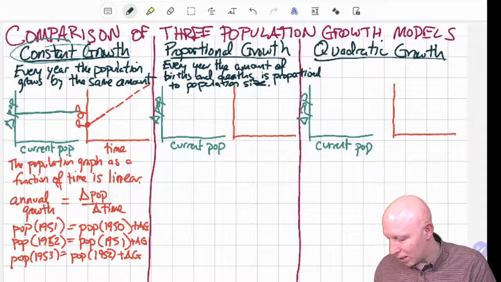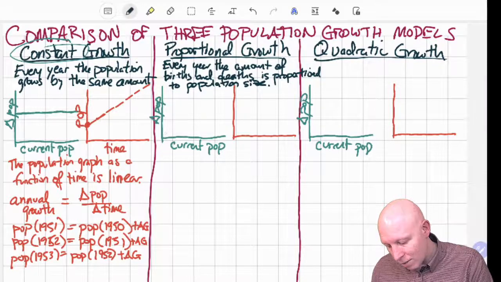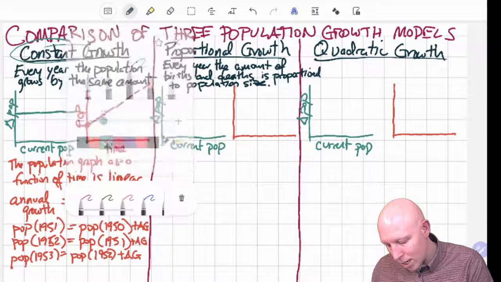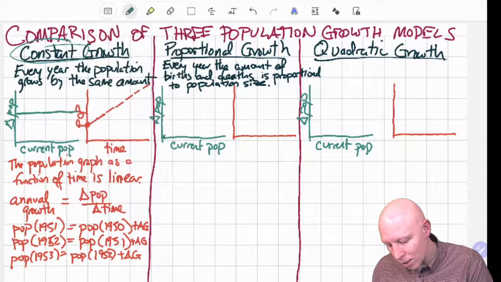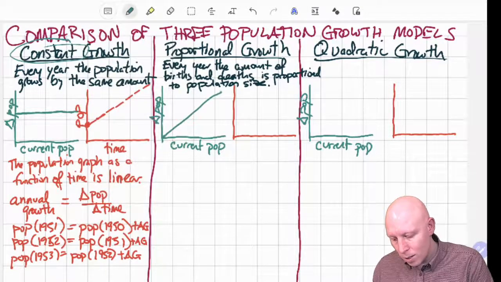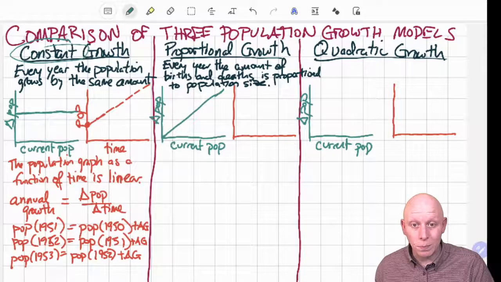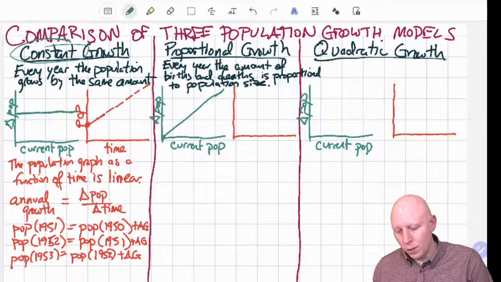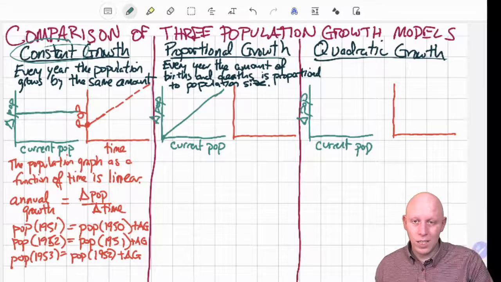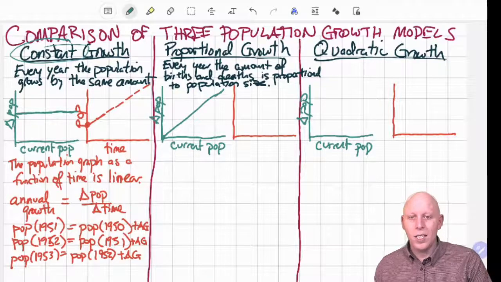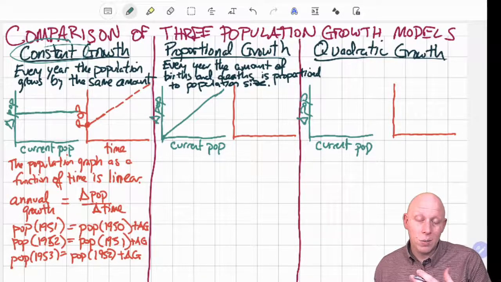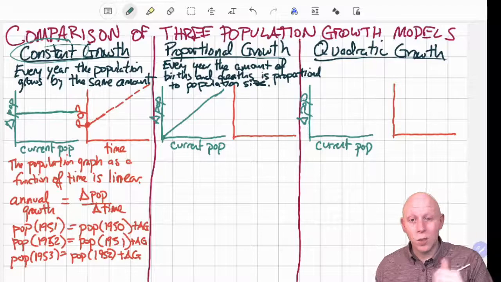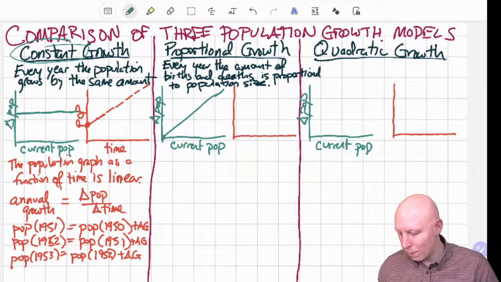So this is saying that as a function of the current population, the change in population is a line through the origin. There's some slope here that says the number of births and the number of deaths is proportional to the current population size.